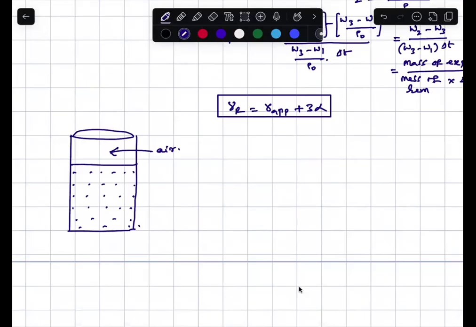Gamma real is equal to what happens in that process? Tell me what is the condition for the air column volume to remain constant.